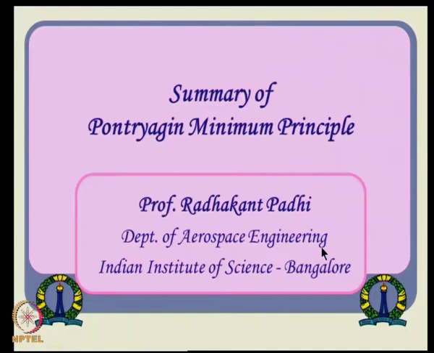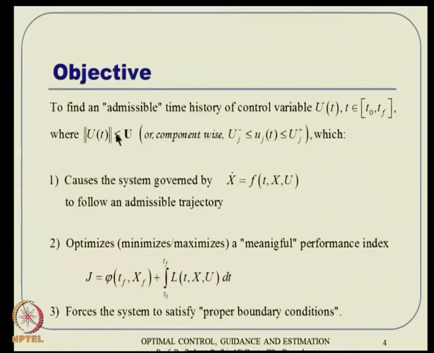To start with, let us go through just one slide summarizing Pontryagin's minimum principle that we discussed in the last class. The objective was to find an admissible time history of the control variable from T0 to Tf, such that all the other objectives we have been studying throughout the course are met, but the only condition is that the control is constrained, either in a total norm sense or component-wise, between plus a certain value and minus a certain value.